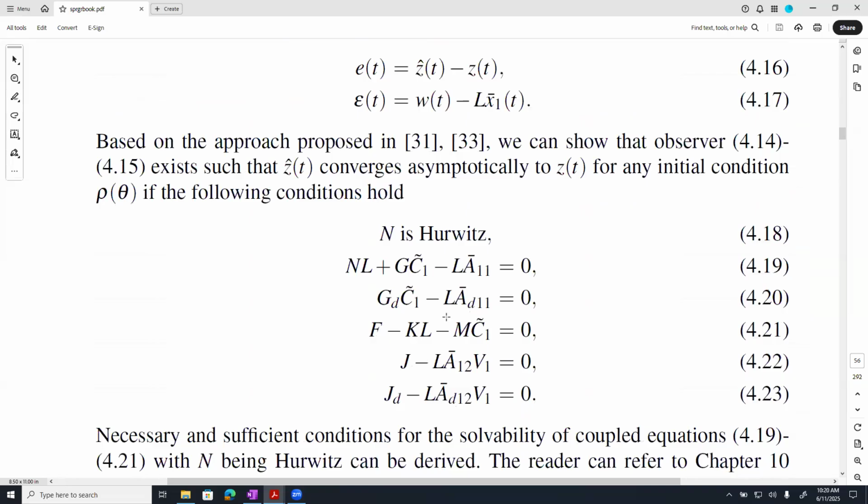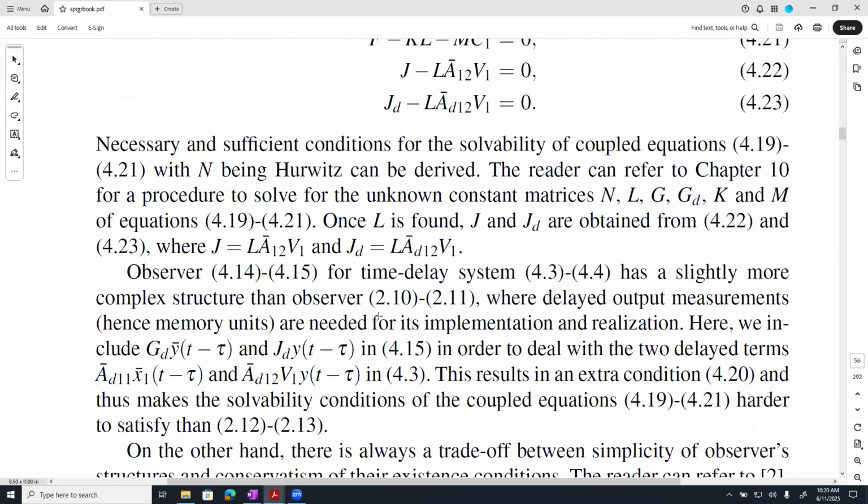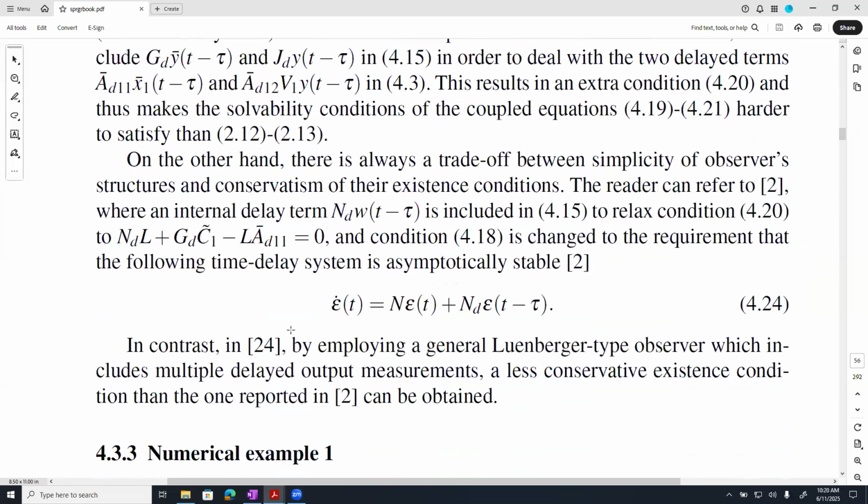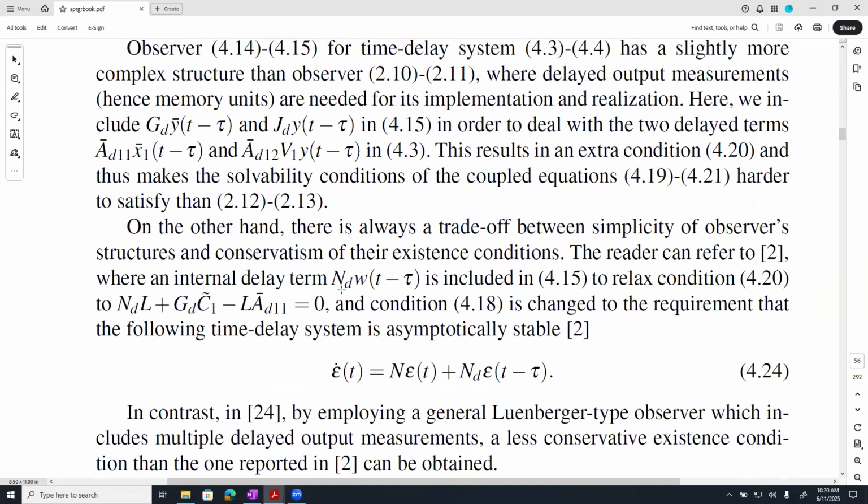And of course, all of these things about observer design and all that are well known, so we can skip that bit. On the other hand, when we introduce an observer with this extra term in there, this will relax the observer matching conditions, the existing conditions for functional observers, but it leads to the requirement to establish the asymptotic or exponential stability of a time delay system, which can then be realized using LMI techniques and so on.